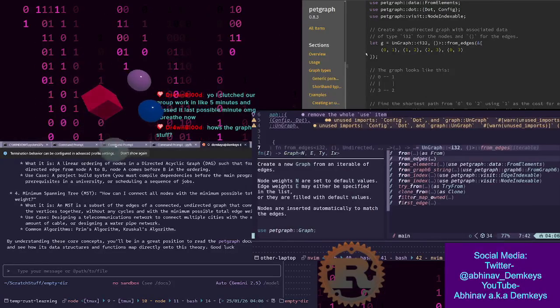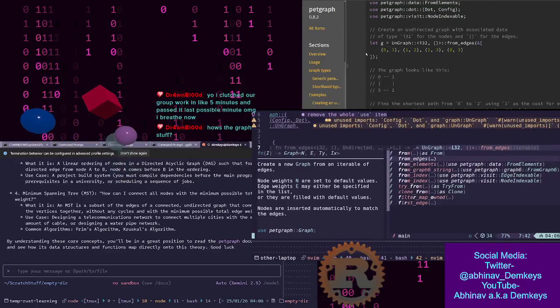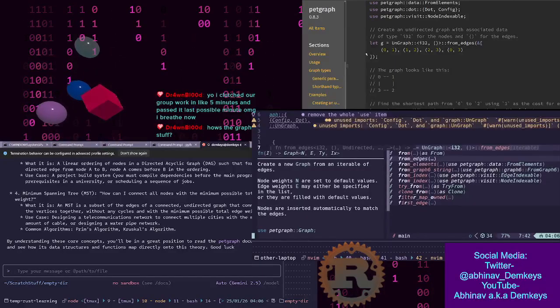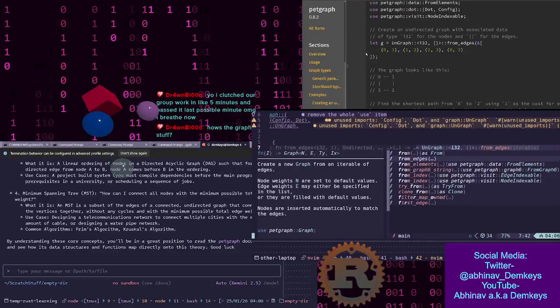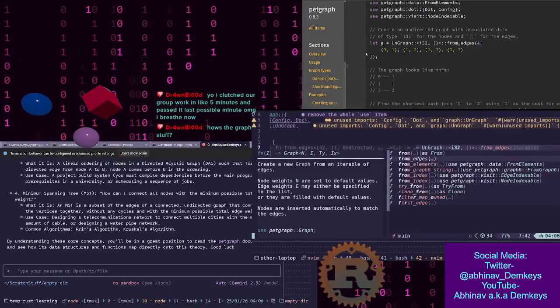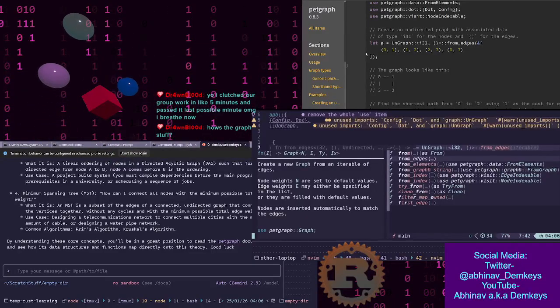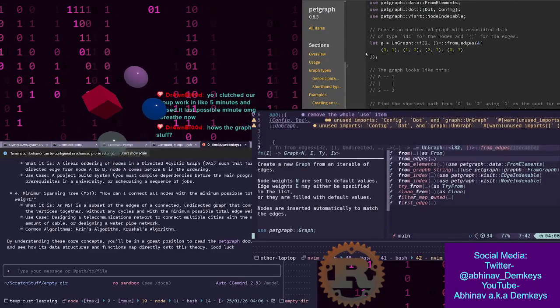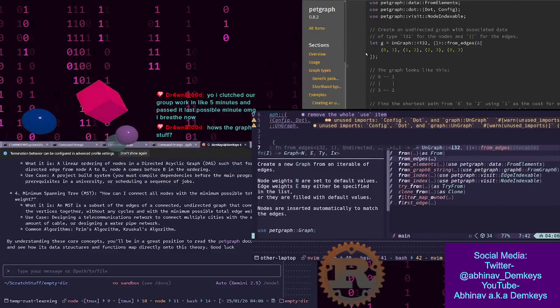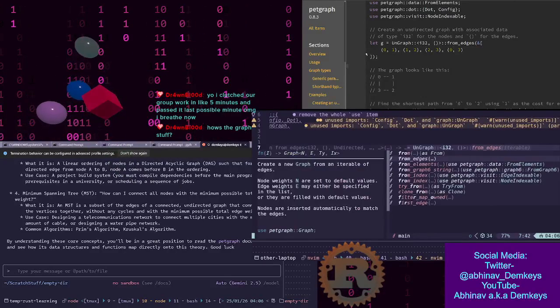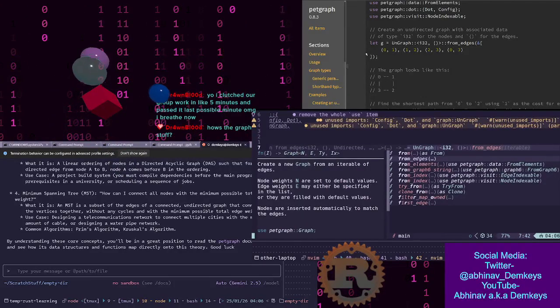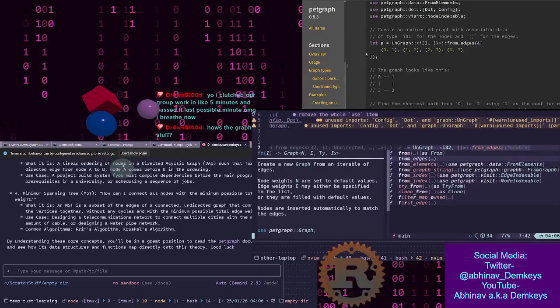Okay, from edges. What does from edges take? Oh God, it takes like 4 different generics. No, hold up. Wait, what is this signature?